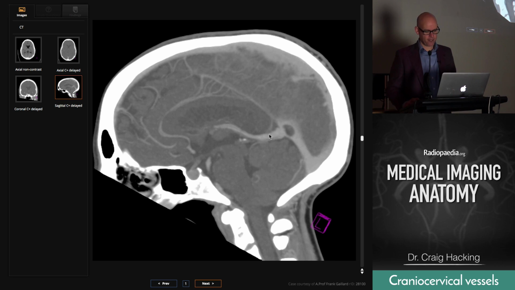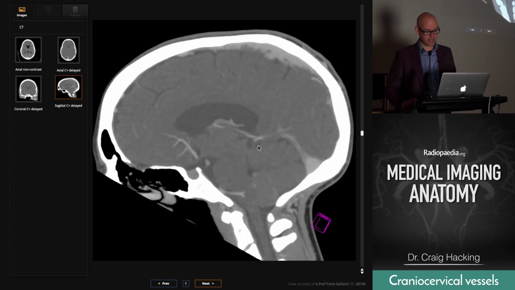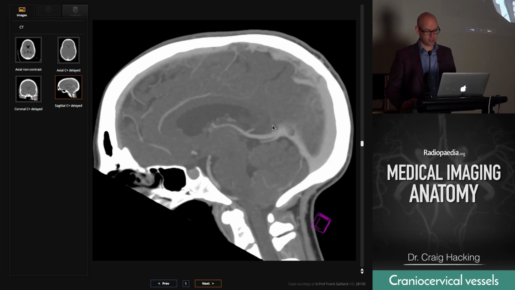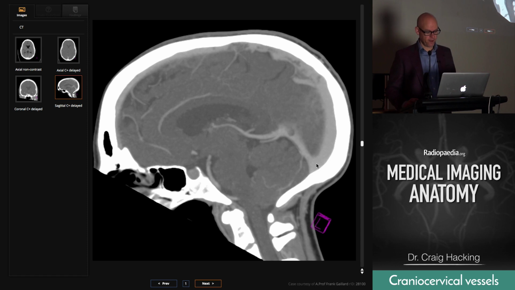This area here is the vein of Galen, and it will drain internal cerebral veins, as well as the basal veins of Rosenthal, these here. So this is kind of like a confluence of the internal venous structures, and then you've got the straight sinus back to the confluence here, which is called the torcular.